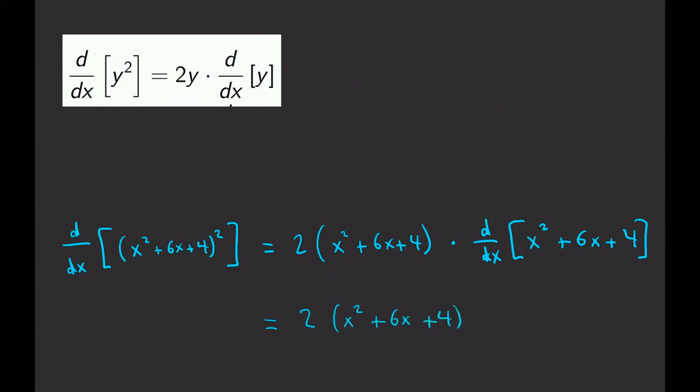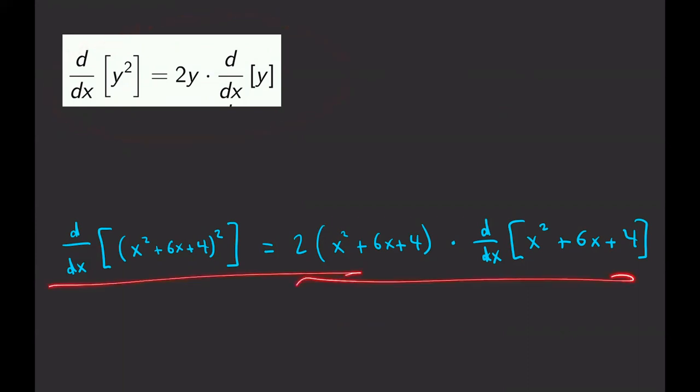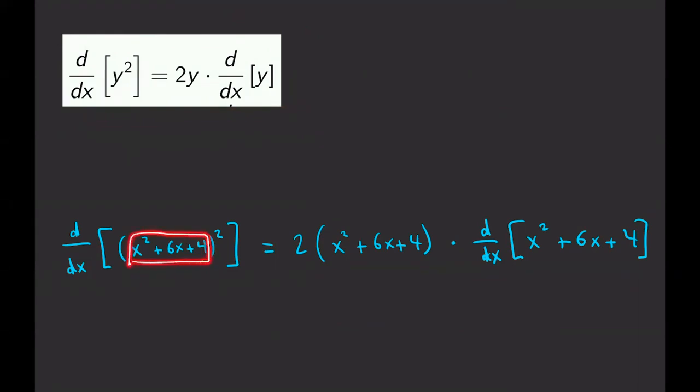Well, all I'm getting at in this work that I did on the prior page here, actually, I don't even need to write any of that. All I'm getting at about this work is that it looks exactly like this work down here. It's just that up here, I'm not stating specifically what y is. Here, I'm specifically stating that y is equal to x squared plus 6x plus 4.